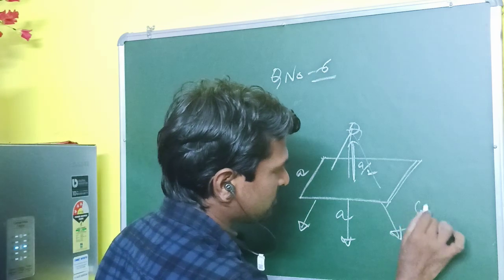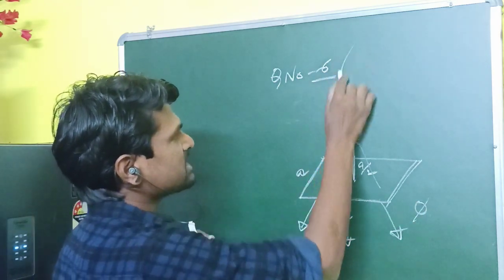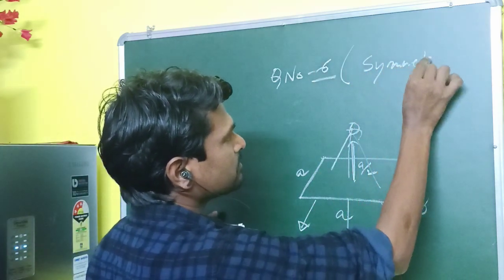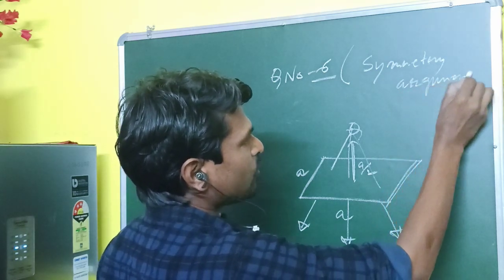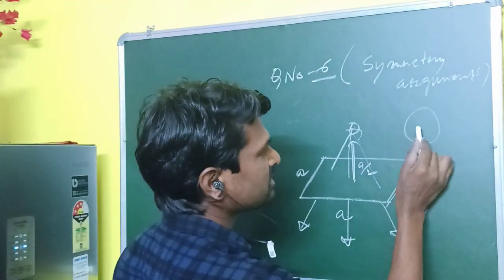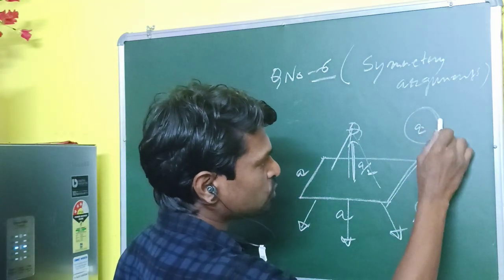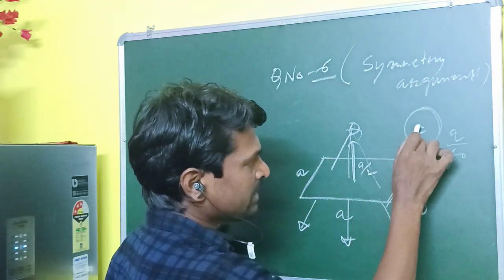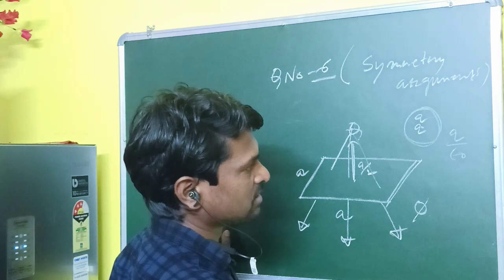So you have to calculate the flux for that surface. This concept is called the symmetry argument. What is the symmetry argument? Suppose, students, there is a charge at the center of a sphere, then the flux through the total surface is Q by epsilon naught. If the charge is at some other point, the net flux doesn't change.